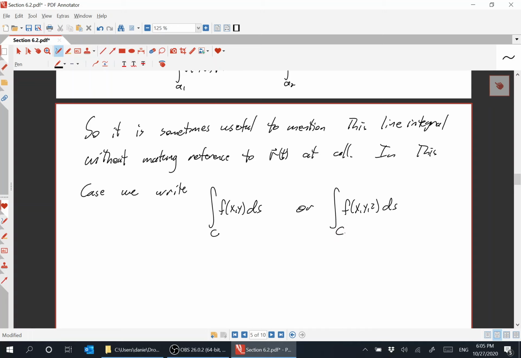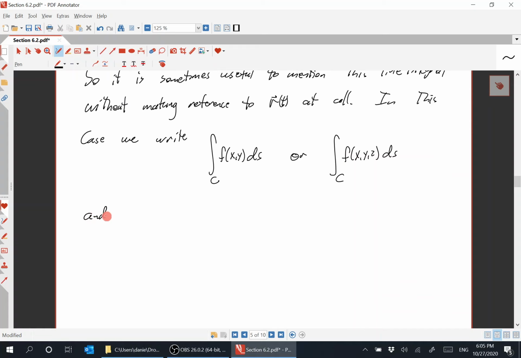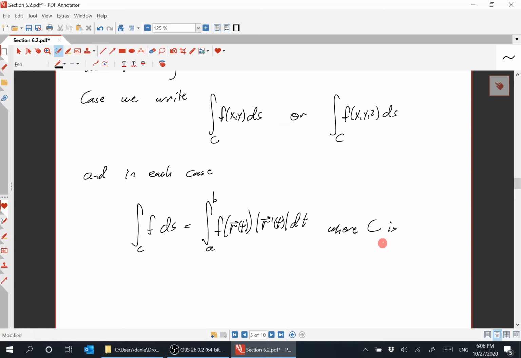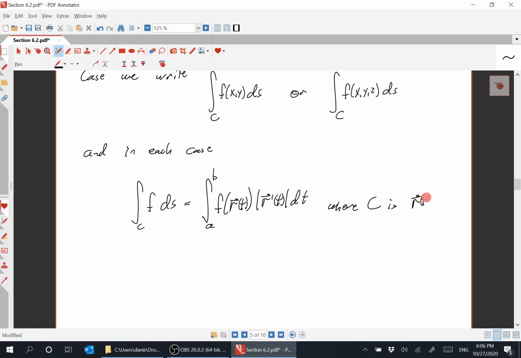All right, so just the single integral over C of f ds, whether it's f(x,y) or f(x,y,z), is equal to the integral from a to b of f of r of t times the length of r prime of t dt, where C is r of t for a less than or equal to t less than or equal to b.